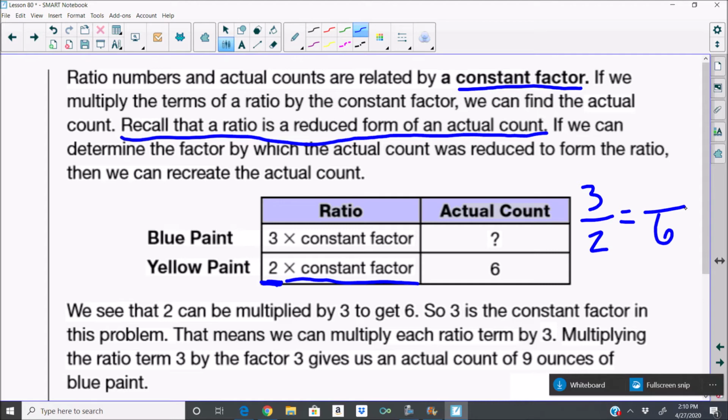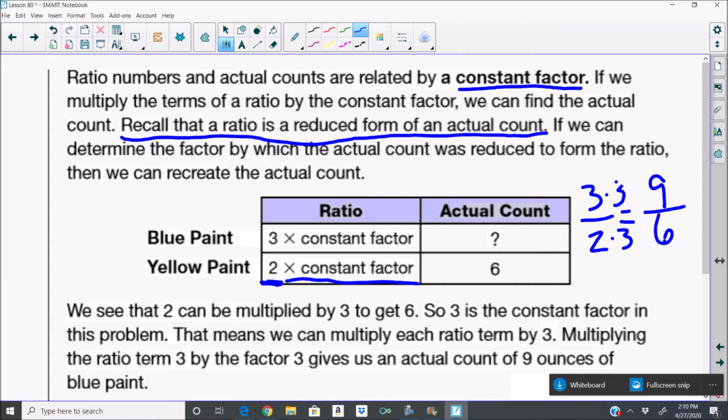Here's what we're looking at. We've done this a lot during the course of the year. What do we do to 3/2 to make it a fraction with a denominator of 6? Well, what do I do to get 2 to make 6? I multiply it by 3. So I have to do the same thing to the top.